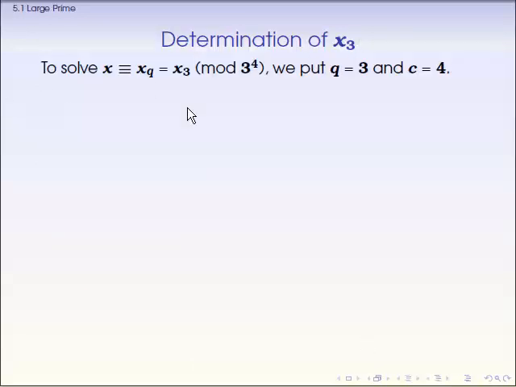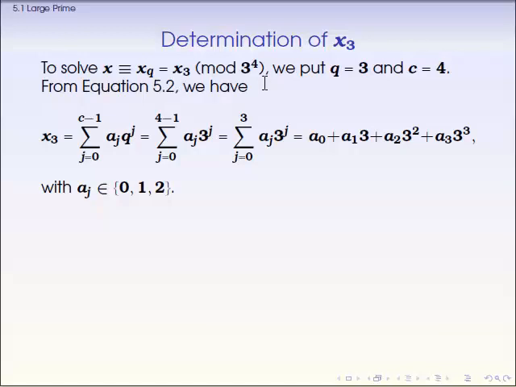For x3, we do exactly the same procedure with q is 3 and c is 4. It takes more time because we have power 4. So x3 is a combination of these 4 terms, and we have all these unknown a0, a1, a2, a3. So we have to do similar procedures 4 times.